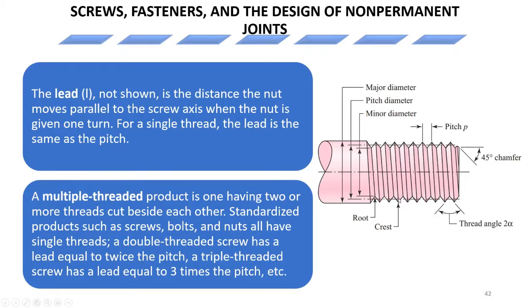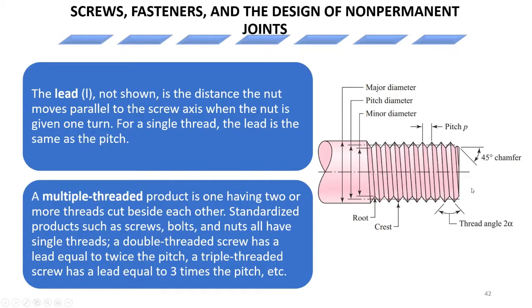Then we may also have multiple threaded products. In this case, the product has two or more threads cut beside each other. Standardized products such as screws, bolts, and nuts all have single threads.